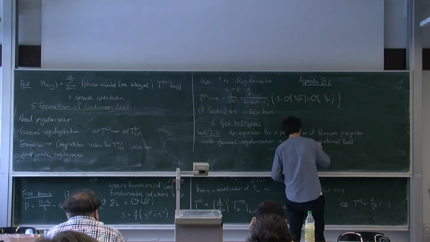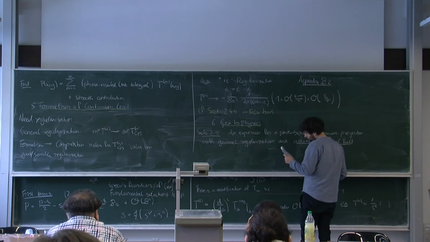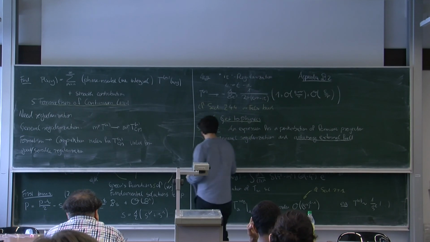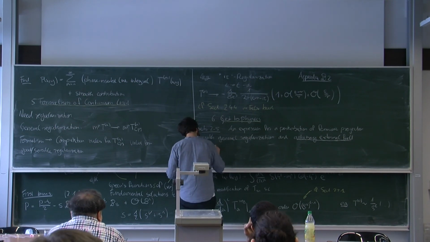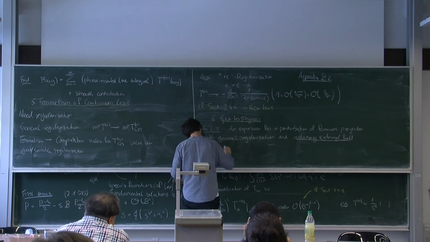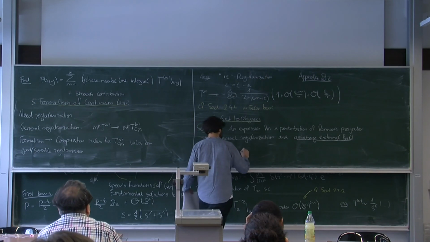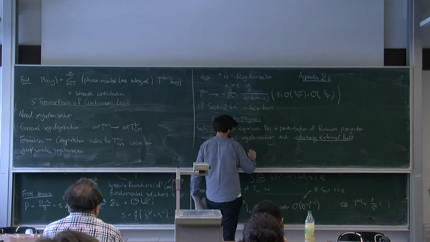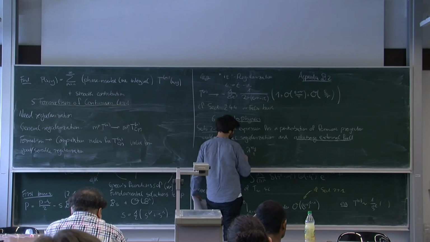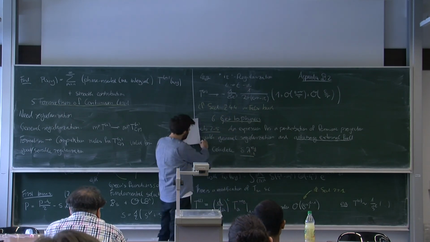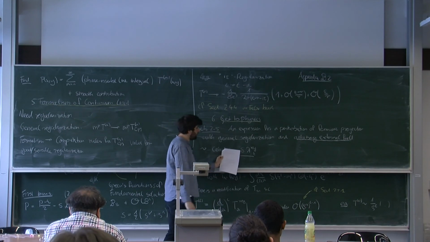Okay, arbitrary external field. And what we can do now is plug this in, to calculate variations of the eigenvalues of the closed chain. So we need all of this to calculate those variations.